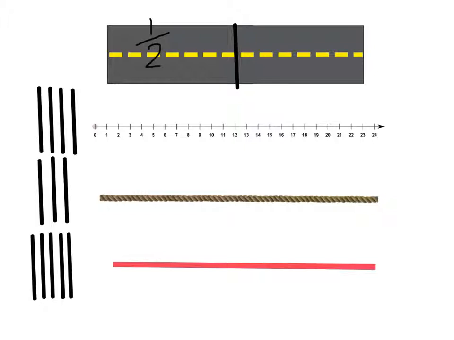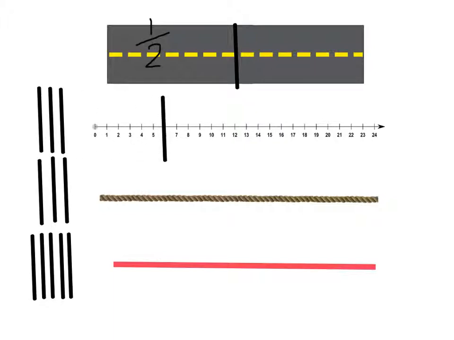Okay, the next fraction I'm looking at is quarters. So here is my whole number line, and I want to divide the length of that number line into quarters, which means four equal parts of my whole number line. So I have my special markers here.